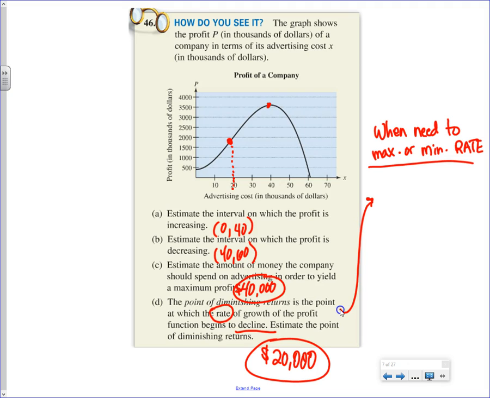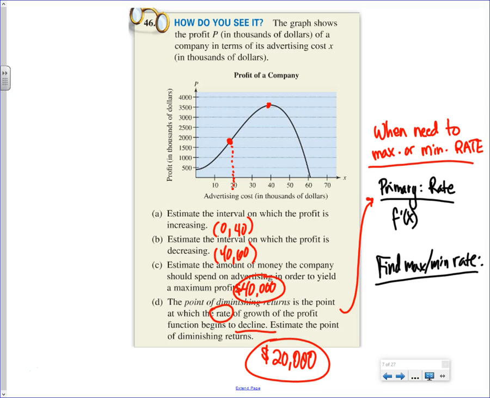So our primary would be the rate. Normally, if it's the rate of f, for instance, our primary would be f prime. And that's a struggle, because then when we go to find either the max or the min of the rate, if we already have f prime, what do we do when we go to do primary prime?